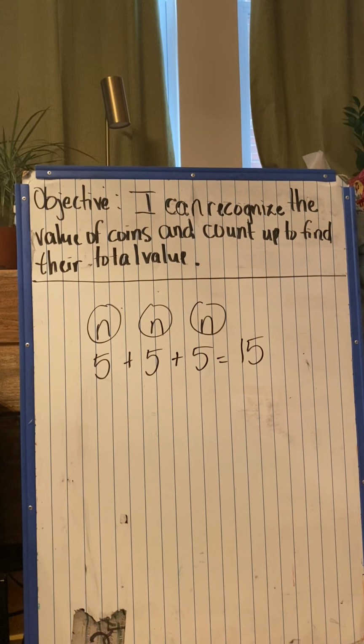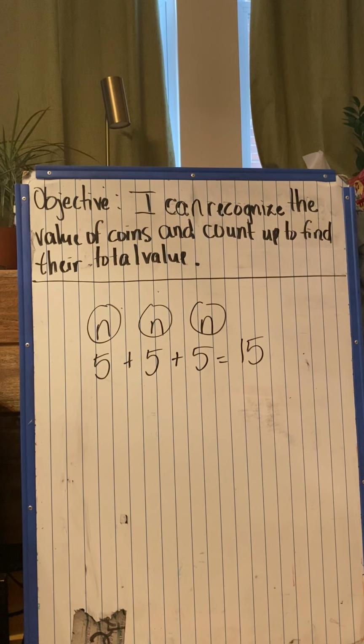Okay, what number sentence did I write? 5 plus 5 plus 5 equals 15. What coin do each of the 5s represent in your number sentence? Yes, nickels.